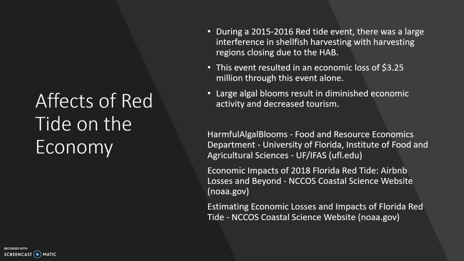So the larger and longer that these red tides are happening in Tampa and along the Florida coast, there are decreases in tourism as well as the fishing market, which decreases overall economy and profits for multiple companies.